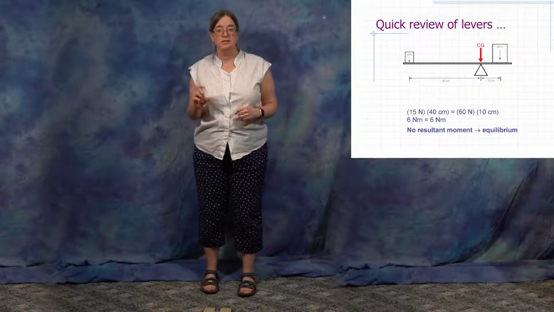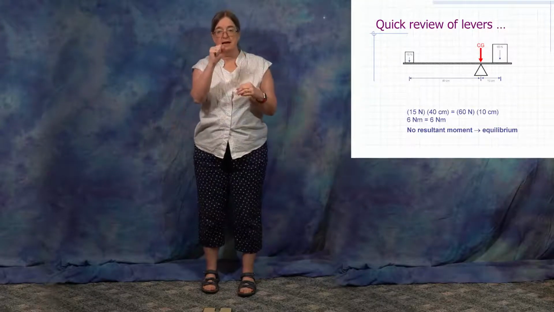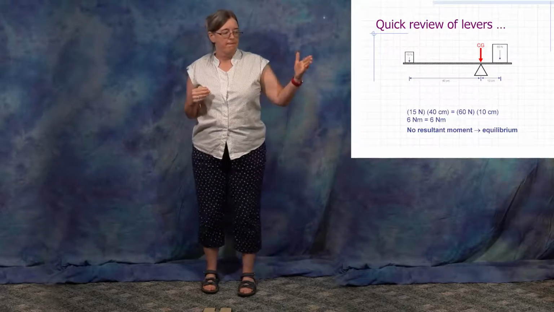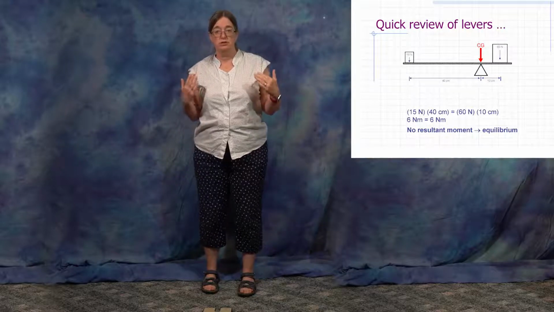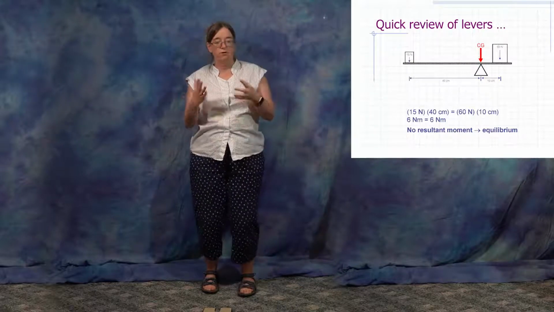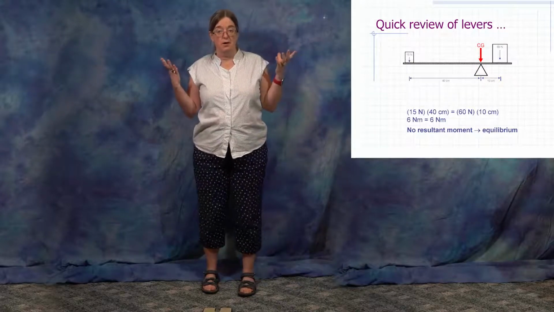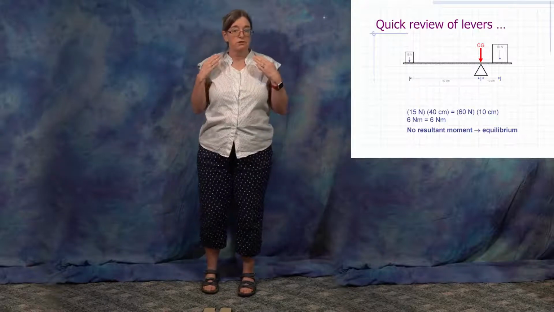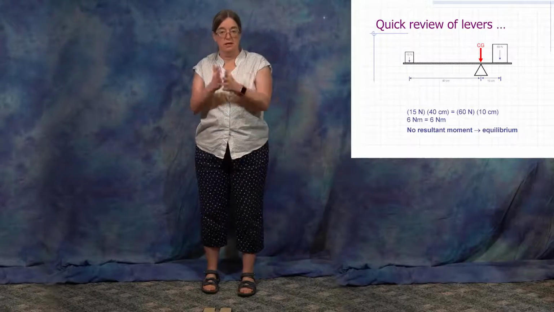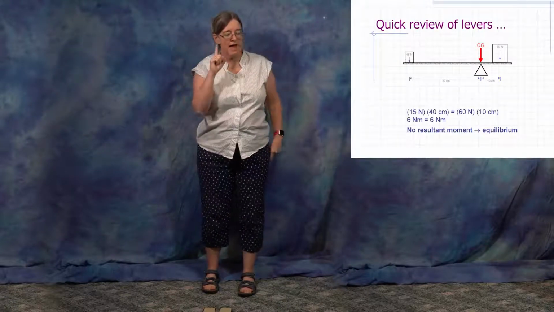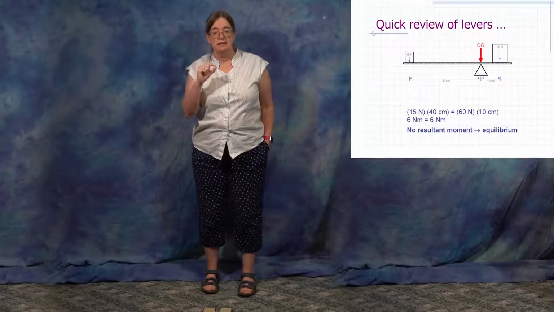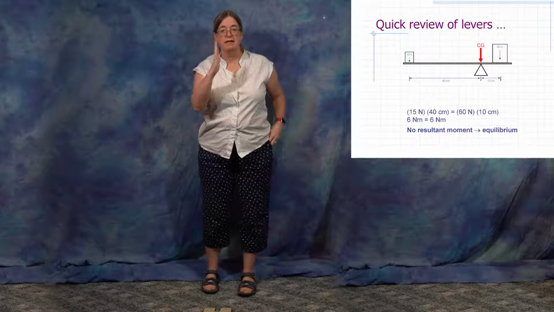In both cases, the torque around that axis of rotation, the fulcrum, created by the boxes, is 6 newton meters. In other words, it's 6 newton meters on both sides. There is no resultant torque, no resultant moment. It's 6 one way minus 6 the other way. You add them together, it's going to be 0. That is equilibrium, and that is the center of gravity of that system.